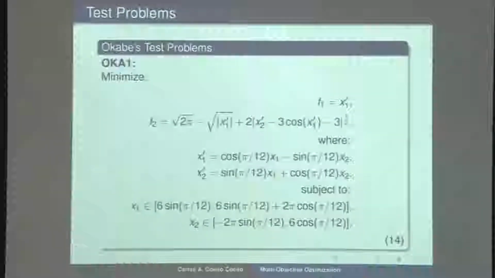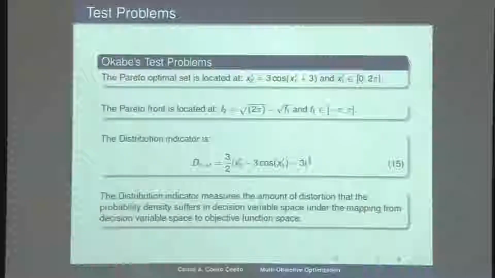Well, the 2 problems I'm going to show you, this is Okabe 1. As you can see, it only has 2 decision variables, but this problem is actually very difficult to solve. So the Pareto optimal set is located here. Here is the Pareto Front, so you can get the exact expression.